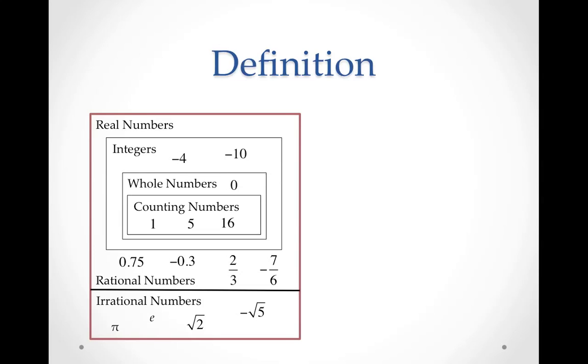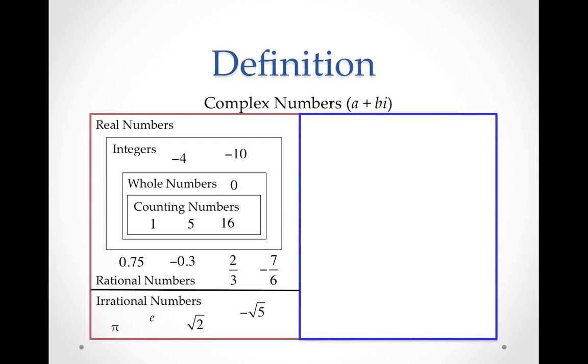Real numbers are simply a part of a larger category called the complex numbers. So the real numbers that you see there on the left-hand side are all numbers where b was 0. So those are all just various types of a's. But if b is not 0, then we add on the right side of our box.